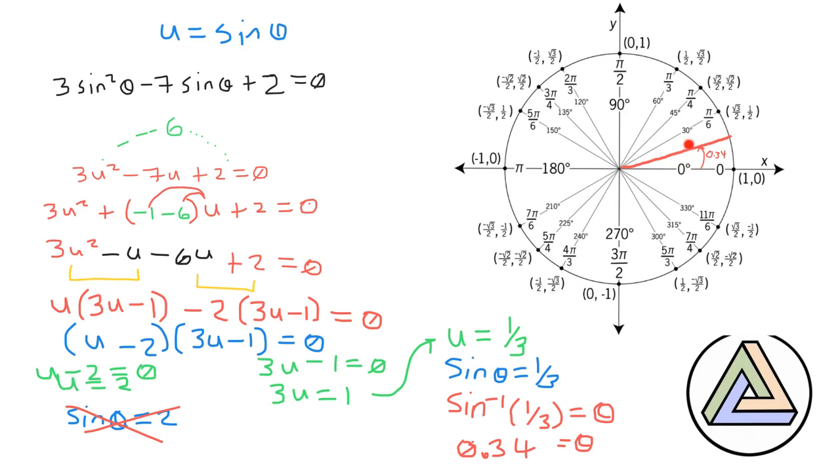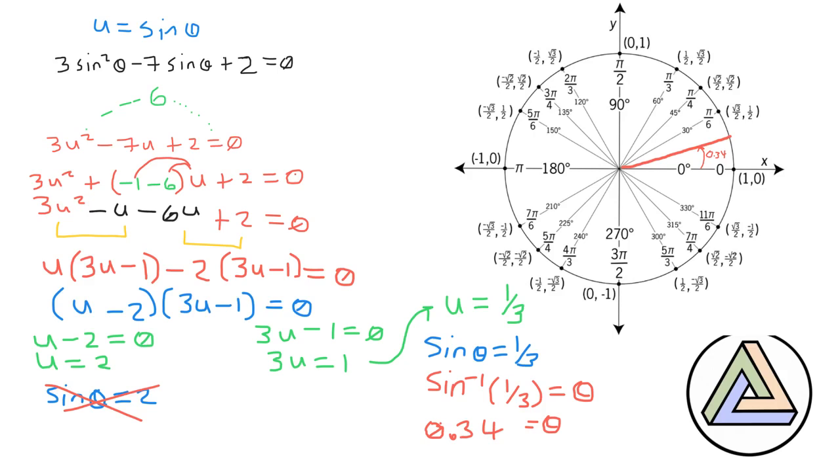That's going to be one of our answers, and I say we actually write that down right now. So I could replace this with 0.34 plus 2 pi k. So I'm happy with that.